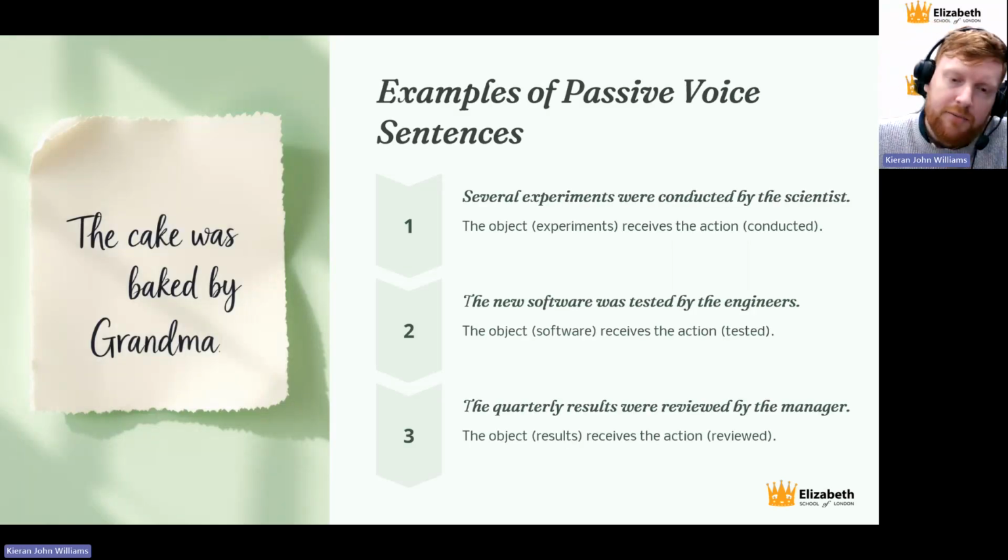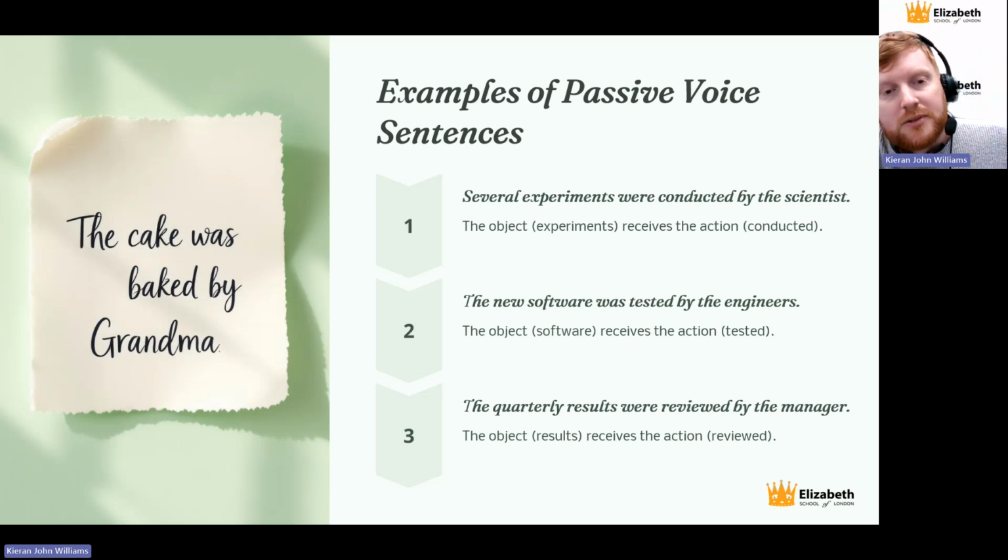Okay, so if you have a look on the screen now, we have some examples of those passive voice sentences. Okay, so like in the picture on the left, the cake was baked by grandma. Here, the important thing is the object, the cake was baked. So we want to know what happened to the cake.